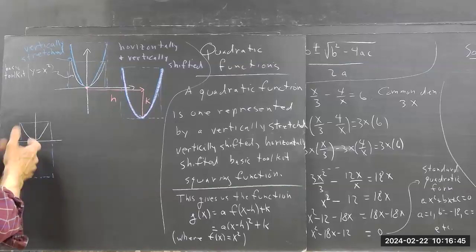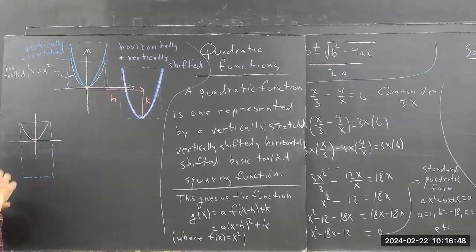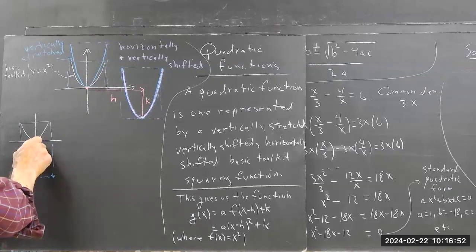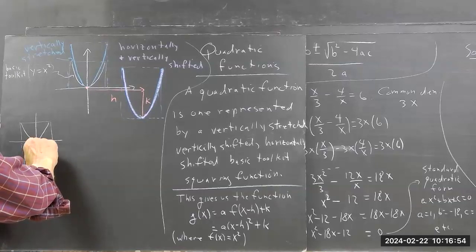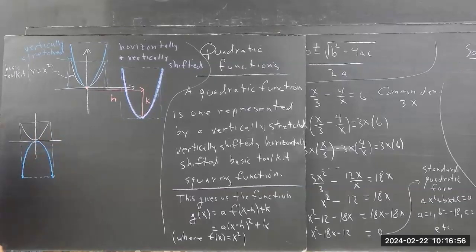The vertex would still be here, but everything flips over the x-axis, which gives you points here, here, and here. And you get an upside down parabola.